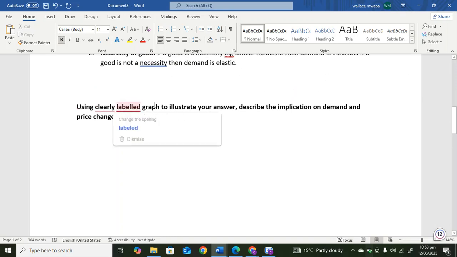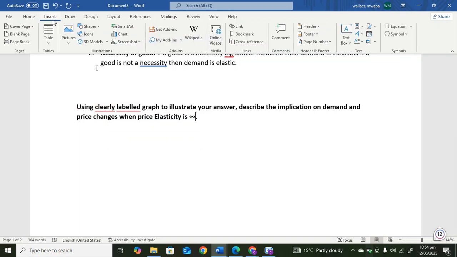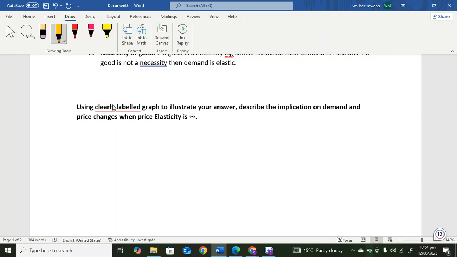Using a clearly labeled graph to illustrate your answer, describe the implication on demand and price changes when price elasticity is infinite. So this is what it means. This is the graph first.